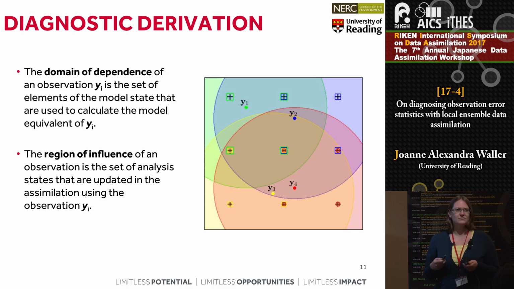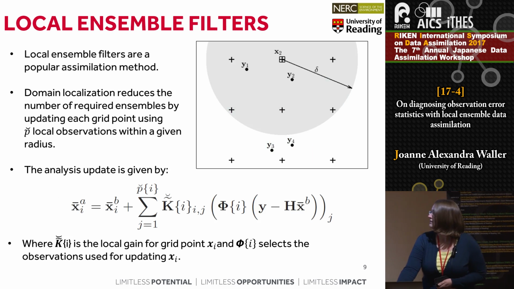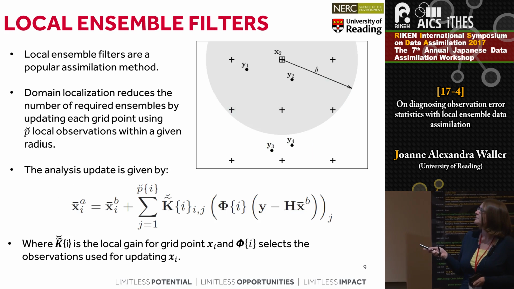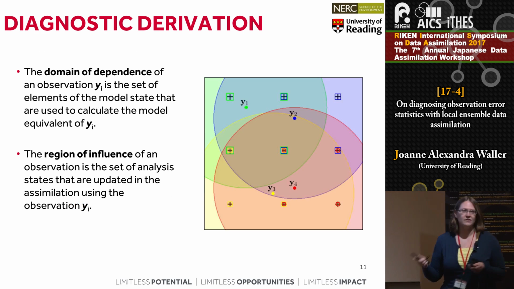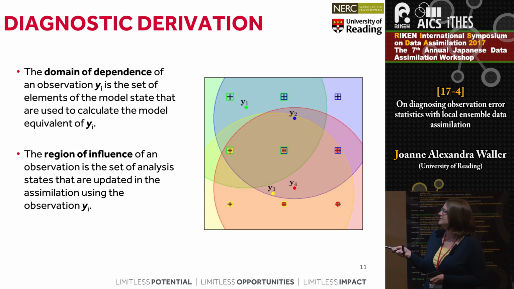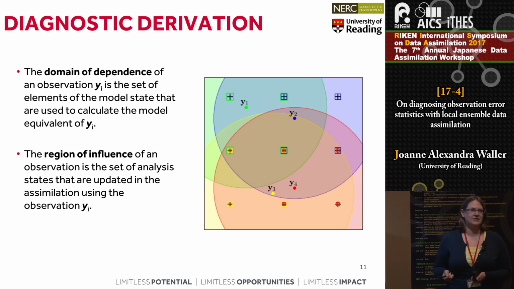The other thing is the region of influence of an observation. Whereas in this diagram we're looking at which observations fall within a particular distance of a grid point, we can also consider it the other way around, and ask which grid points this observation will be used to update.